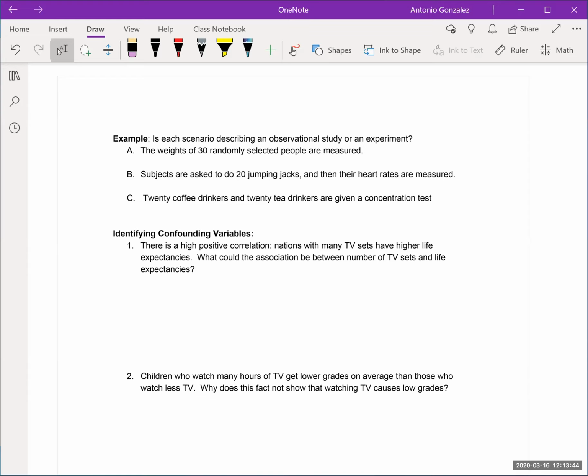So for this example, it says, is each scenario describing an observational study or an experiment? The first one, part A, says the weights of 30 randomly selected people are measured. So just looking at the information that's given to us, we just randomly selected people, so I'm going to say this is an observational study.